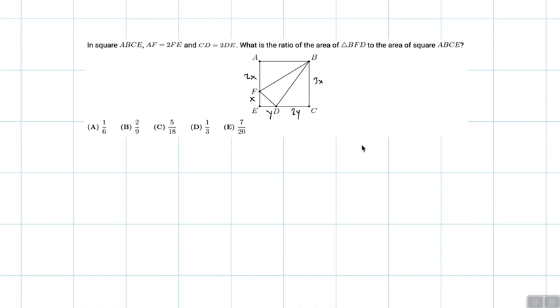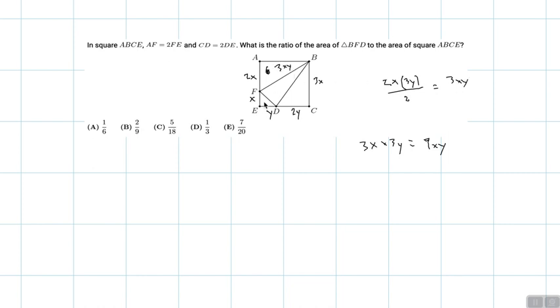Well, the area of the square is going to be 3x times 3y, which is 9xy. The area of this triangle, we can multiply 2x times 3y over 2, which is going to be 3xy. So this is 3xy.